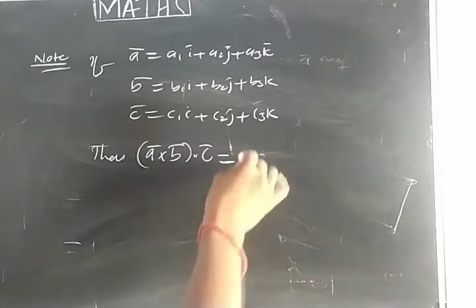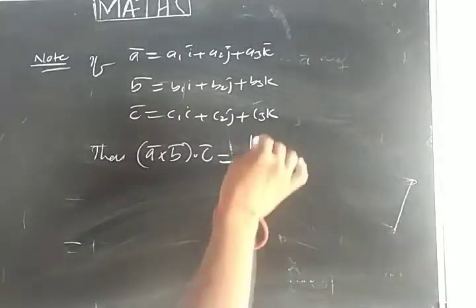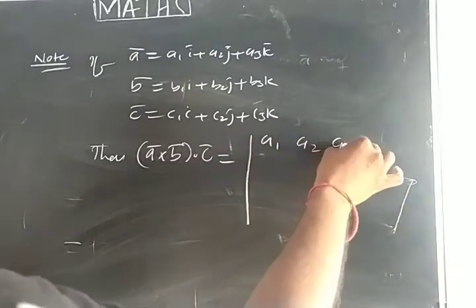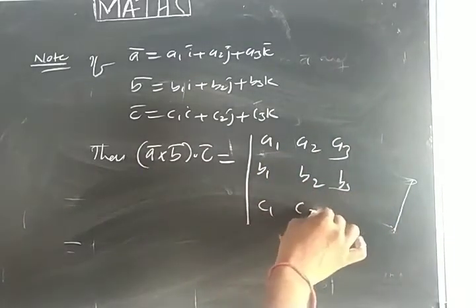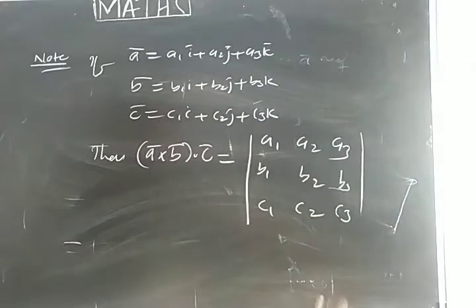Or you can directly use the data A1, A2, A3, B1, B2, B3, C1, C2, C3 in this formula, and you will get the value of this scalar triple product.